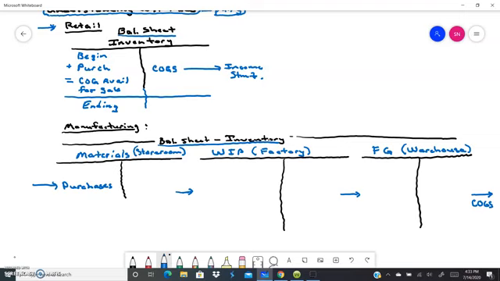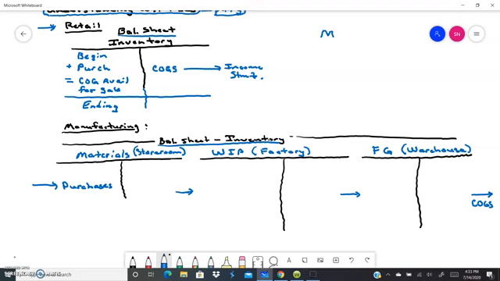Okay? So one thing to also think about is the fact that we are going to have some additional costs coming in. All right, so we're going to have direct materials. We're going to have materials, but we're also going to have some other costs. We're going to have some labor costs, and we're going to have some other costs in the factory that are also going to become part of the product cost. Okay. So basically what we have is what's called manufacturing costs.